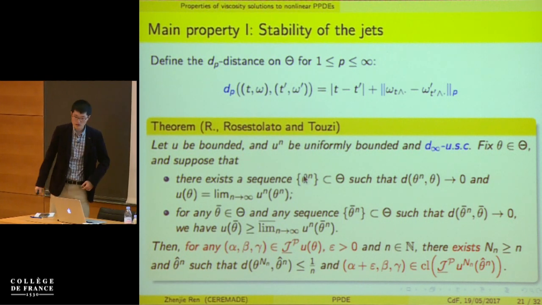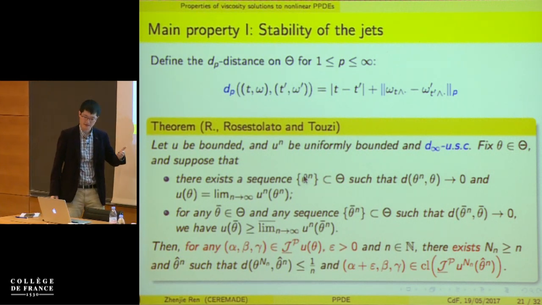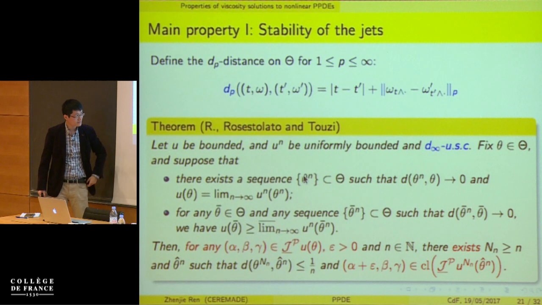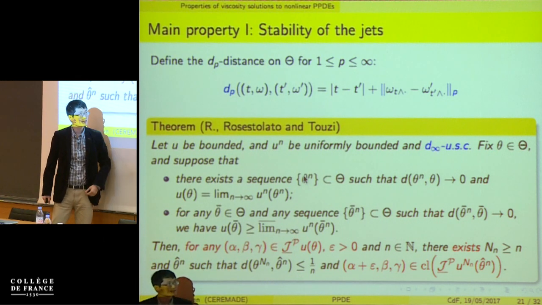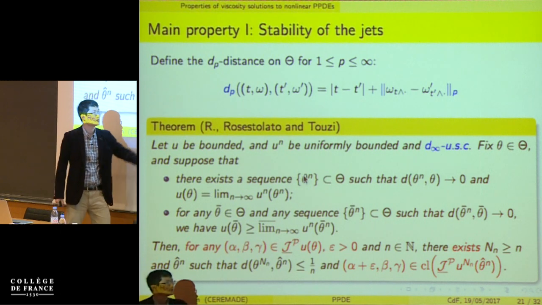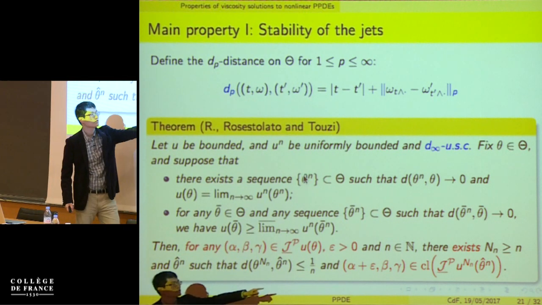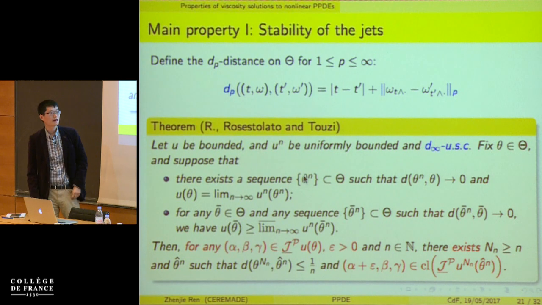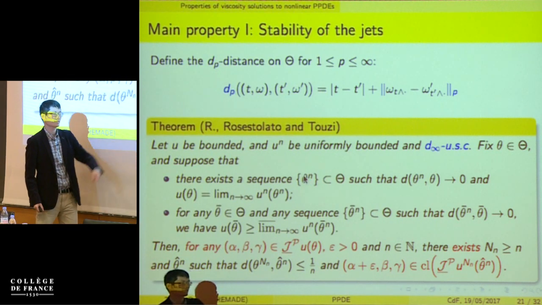So given a sequence theta n converging to the given point theta in the product space, and a sequence of un converging in some sense to the target function u, the stability result states that for any triple in the subjet of u at the point theta, if we give a little perturbation to this triple, it will still be in the subjet of a function nearby at a point nearby, of un at the point theta n.